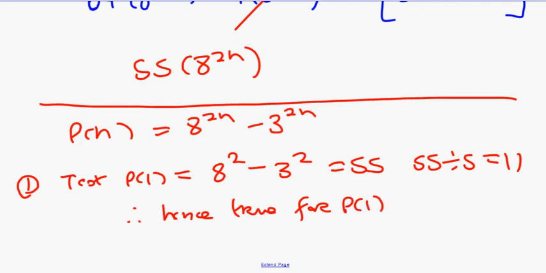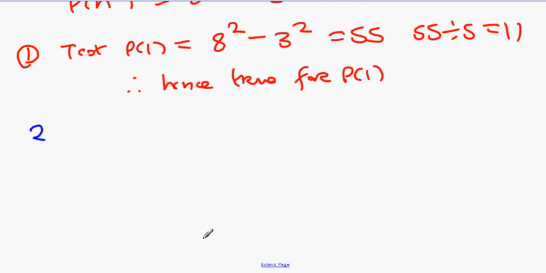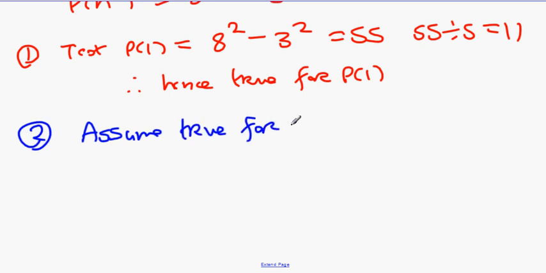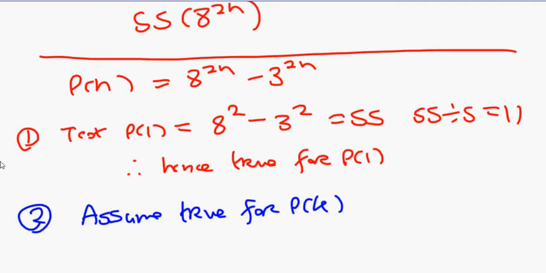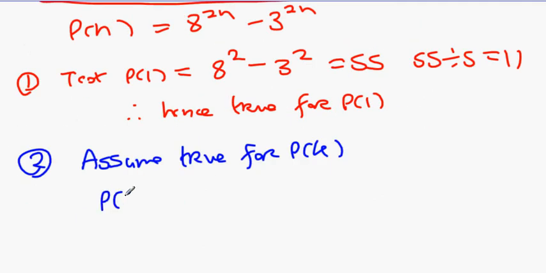Now step 2 is assume true for P of k. So P of k therefore is 8 to the 2k minus 3 to the 2k.